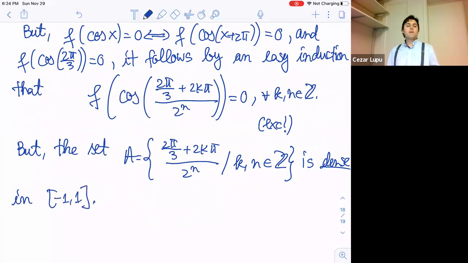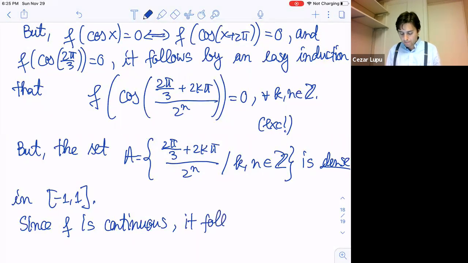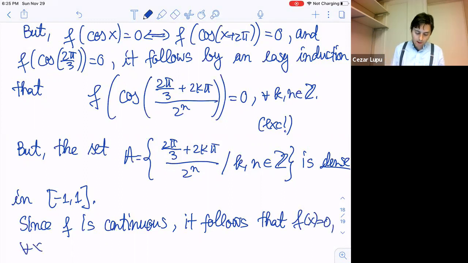And what do we know? We know that if a continuous function has a value on a dense set, then it will have it for all values. Since f is continuous, it follows that f of x is 0 for all x in -1, 1. And we're done.